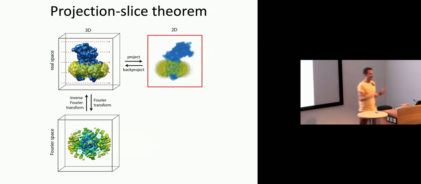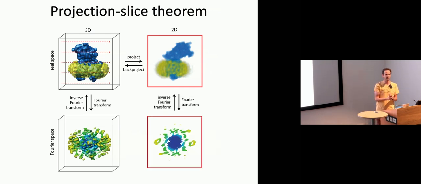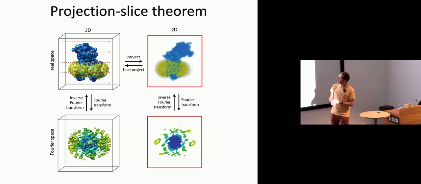And of a 2D image, I can again use Fourier transforms and inverse Fourier transforms to go back and forth between 2D Fourier space. It's the same operation, one dimension lower.